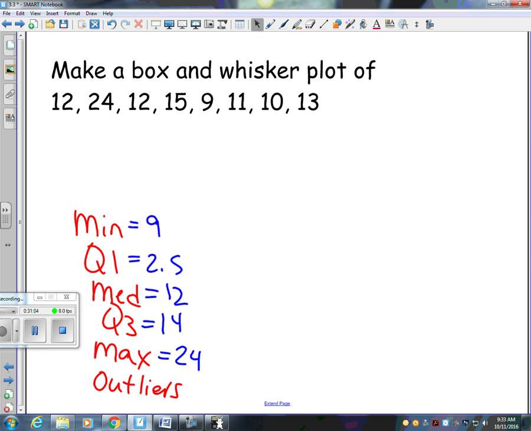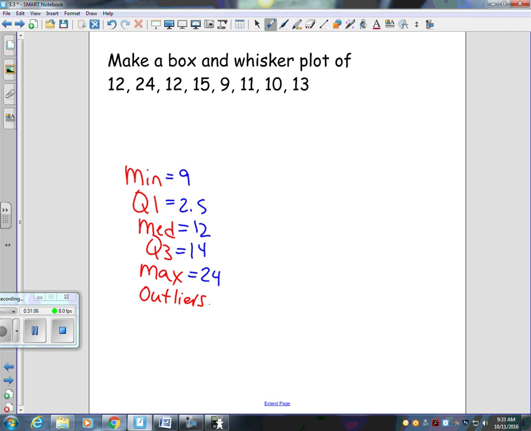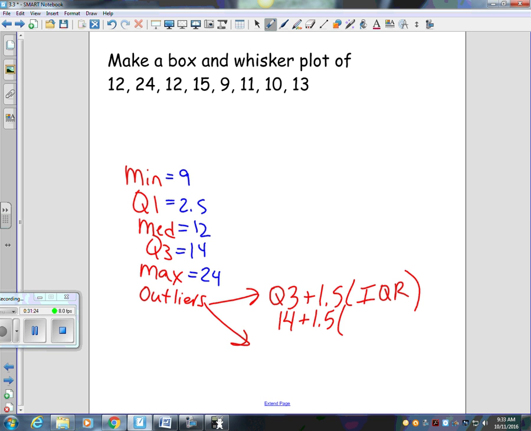Okay. To get my outliers, I have to use my 2 formulas. What was the first formula? So, Josh, what is my Q3 number? 14 plus 1.5. Gabby, how do you get the IQR?